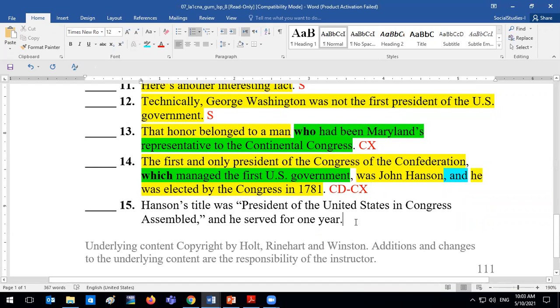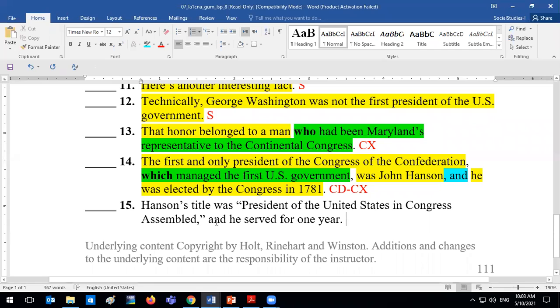And 15, let's hear from Hassan. Number 15, please, Hassan. Hanson's title was President of the United States in Congress assembled, and he served for 1 year. This is compound. Okay, good. So here, can you tell me my two independent clauses, Hassan?